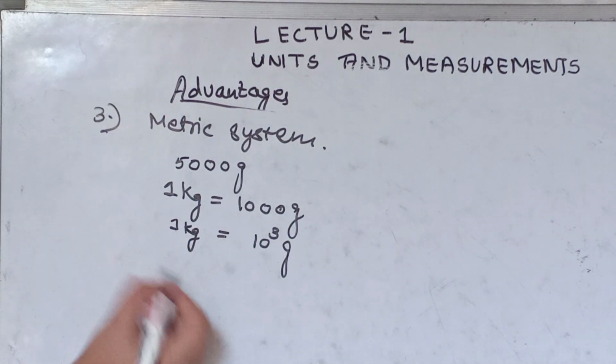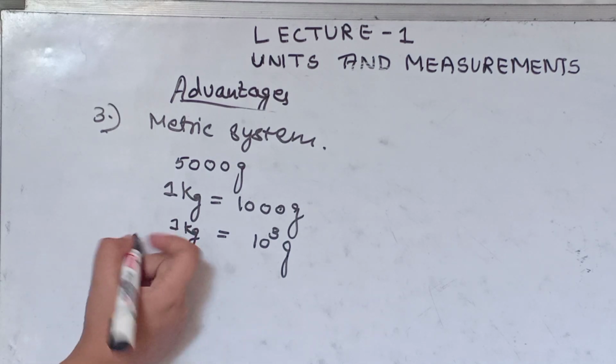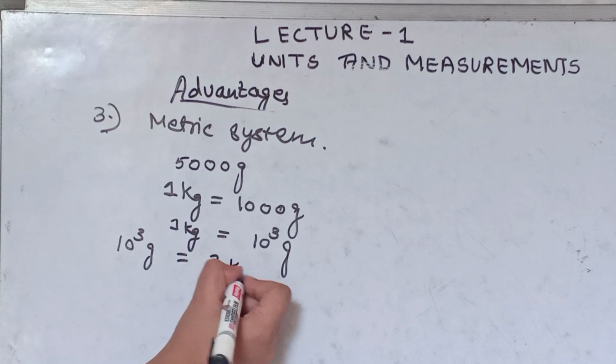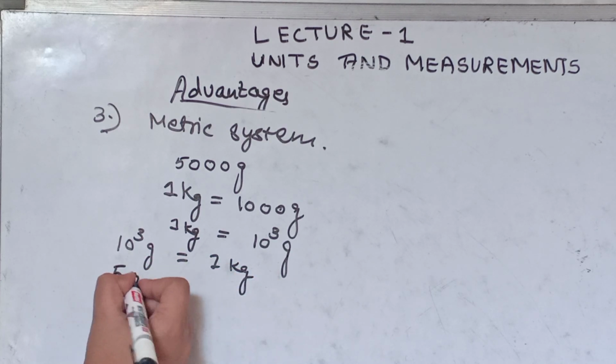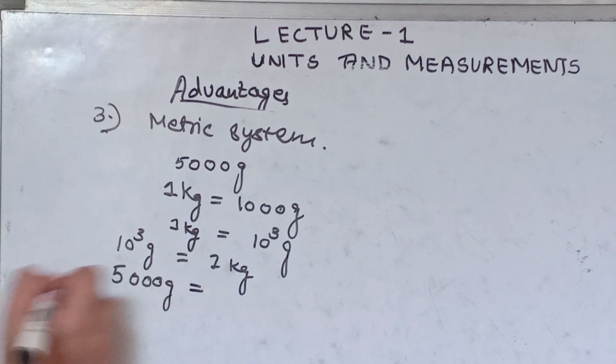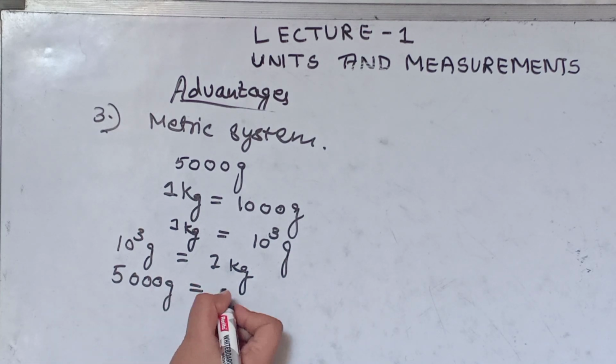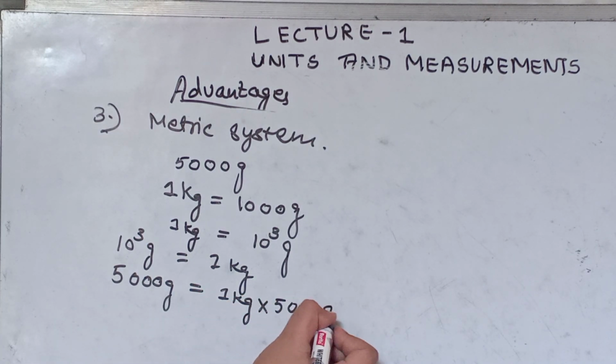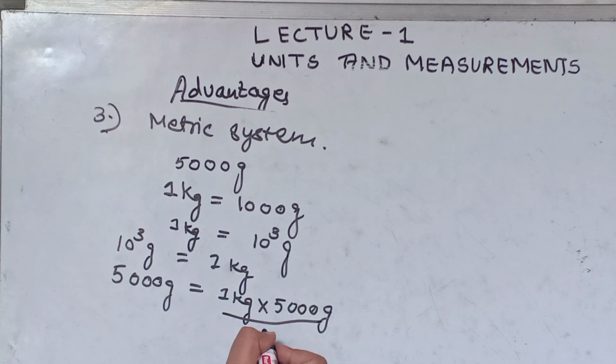So we can use the unitary method. 10 raised to power 3 gram is equal to 1 kg. 5000 gram will be equal to 1 kg into 5000 gram divided by 10 raised to power 3 gram.